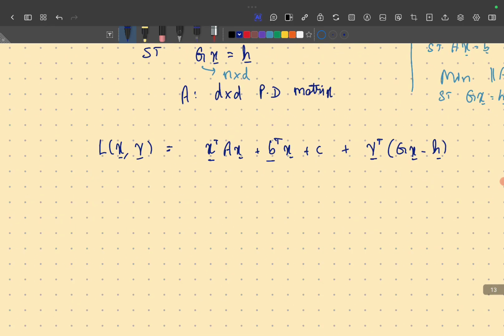Great. So now let's list out all of the KKT conditions. So I have the primal feasibility constraints.